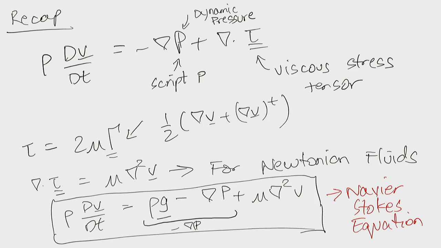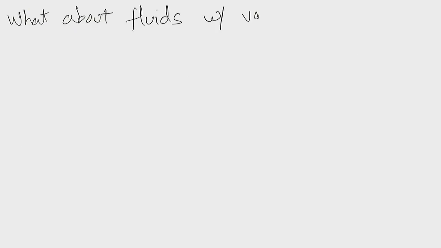So then the remaining question is, what about generalized Newtonian fluids, the ones that have variable mu, that don't have constant viscosity? So what about fluids with variable mu? These are, as I mentioned, generalized Newtonian fluids.